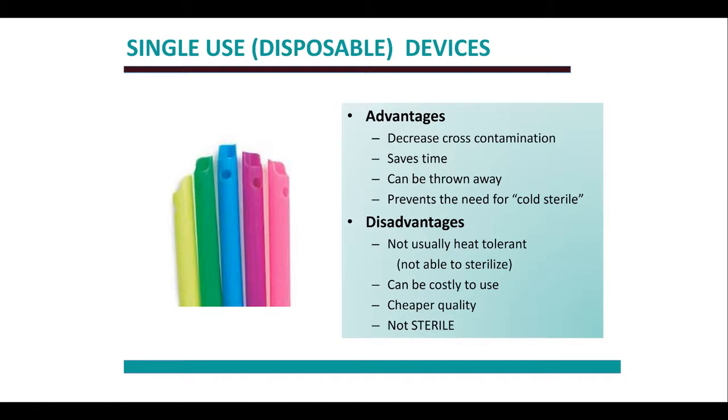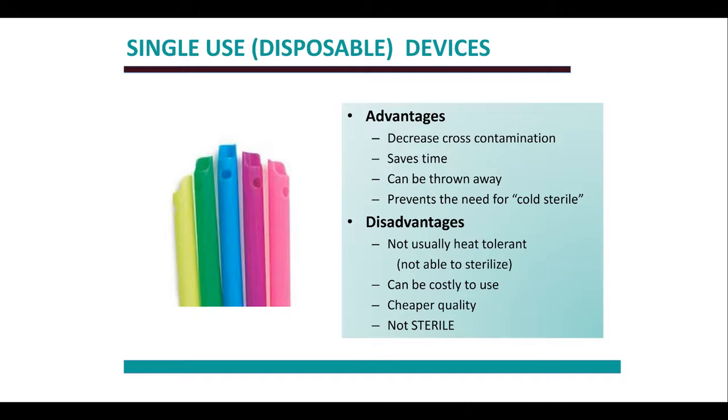Think of how they're manufactured and the process that they go through when they're being made. They're certainly washed and cleaned before they're bagged, but during that whole process of bagging and getting them sent to you and all that, they are not sterile items. Hopefully they are aseptic, free from disease-causing microorganisms, but they are not sterile.